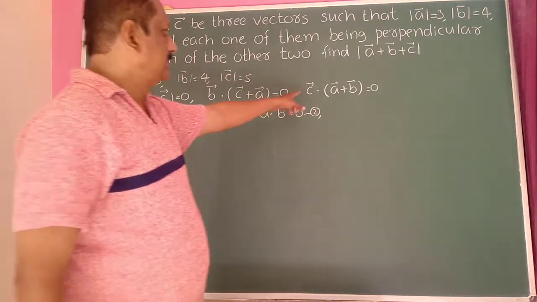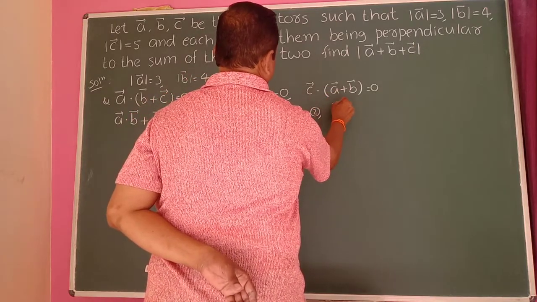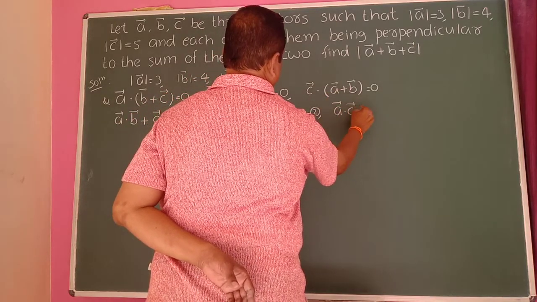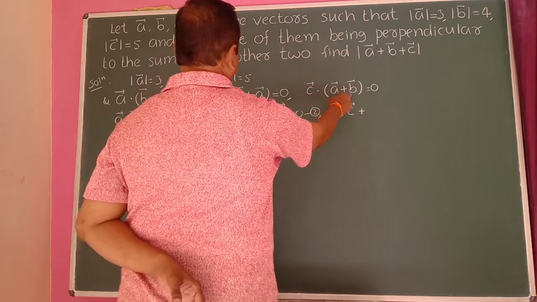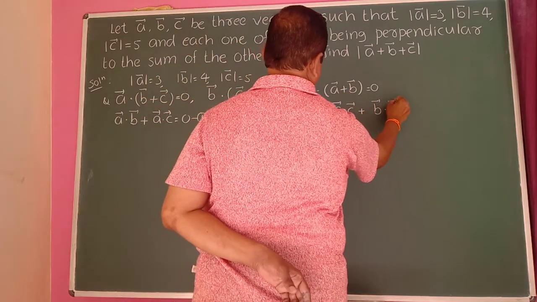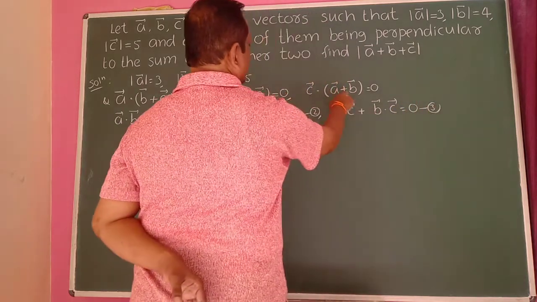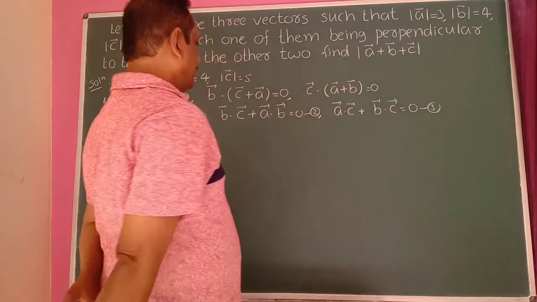Then take C bar inside the bracket: C bar dot A bar is nothing but A bar dot C bar, plus C bar dot B bar, which is B bar dot C bar, because the dot product is commutative.